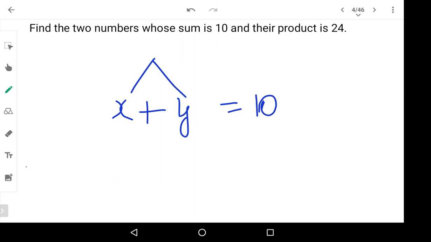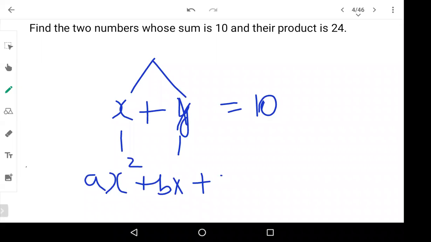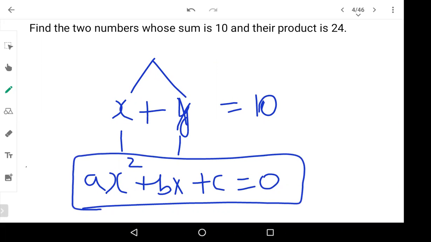But now understand, these two numbers cannot be x and y. Why can it not be x and y? We are solving a quadratic equation format where you have only one variable, that is x.